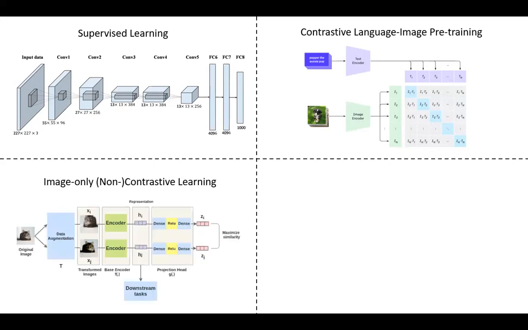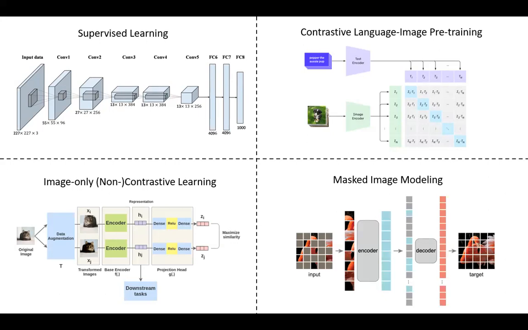We also have contrastive learning, and we also have non-contrastive learning, which aims to mine the visual signals from the image itself. We also have masked image modeling, which mimics the spirit of BERT, but borrows the concept from NLP to computer vision.